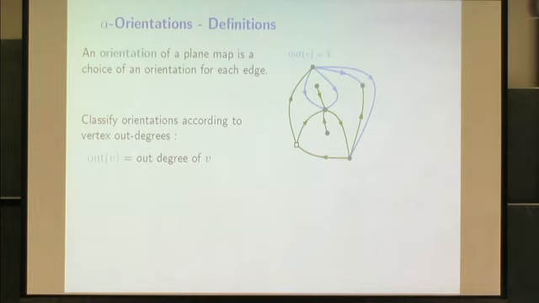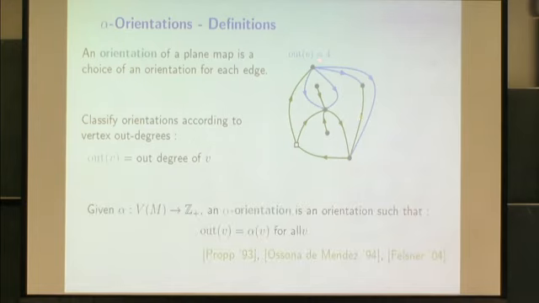So this little alpha in alpha orientation refers to the fact that we classify orientations according to their out degrees. What I call the out degree is just the number of outgoing edges from a given vertex. So this vertex has out degree 4.